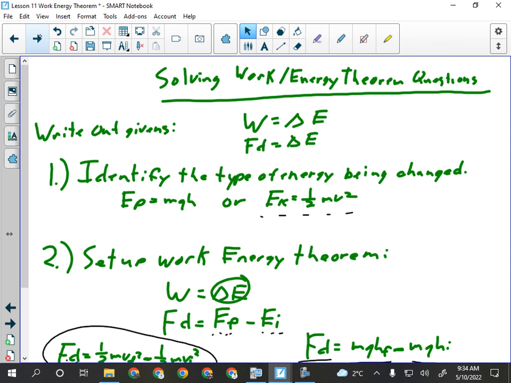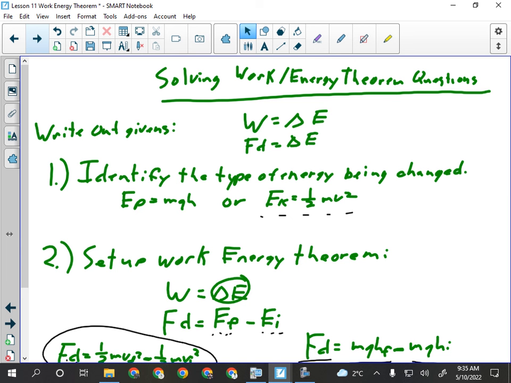So here's the steps for any work energy theorem problem. First, obviously, write out your givens, and know that work is a change in energy. At this point, you need to identify the type of energy being changed. Is it potential, mgh, or is it kinetic, 1/2 mv squared? Your second step is to set up the work energy theorem.